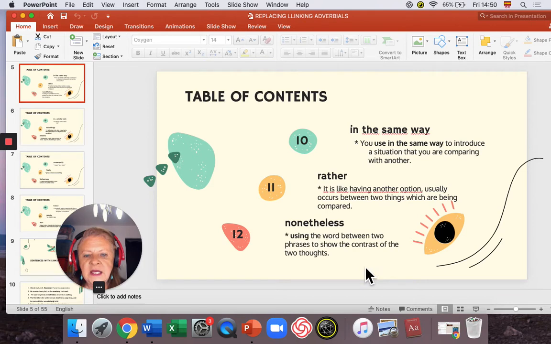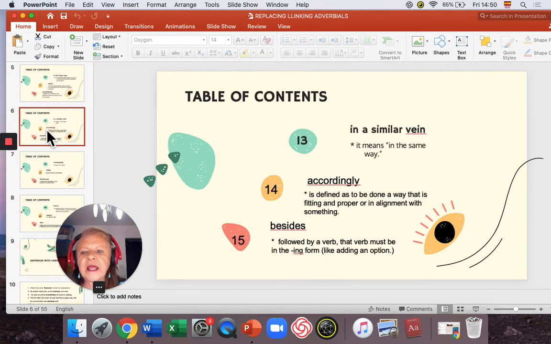Nonetheless is using the word between two phrases to show contrast, the opposite, on the two thoughts. Okay? Then we have in a similar vein. It means in the same way. Okay? It's just a formal expression.